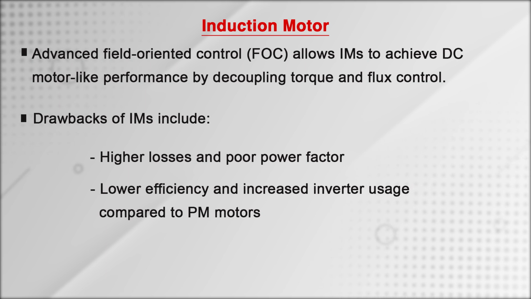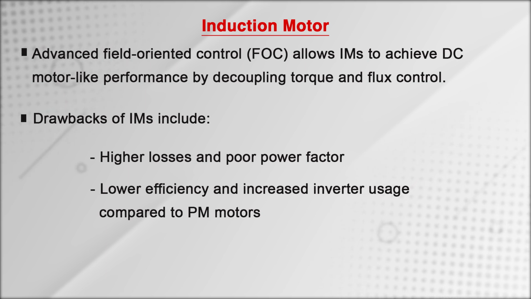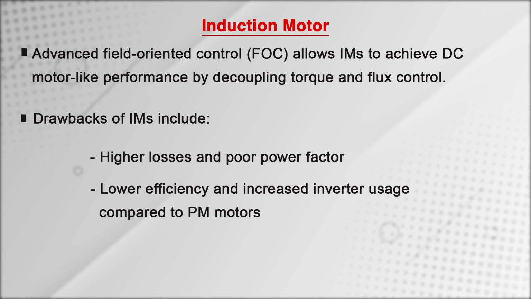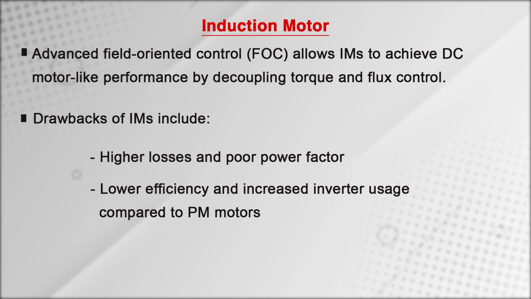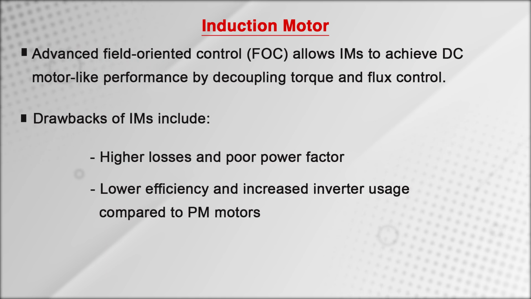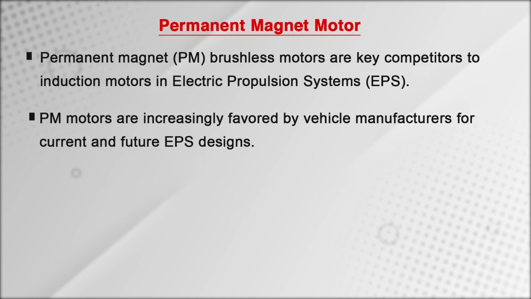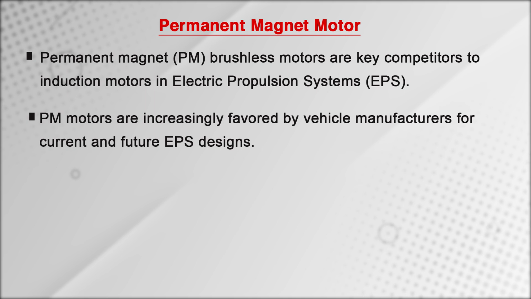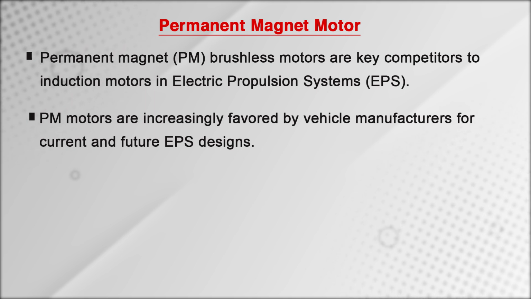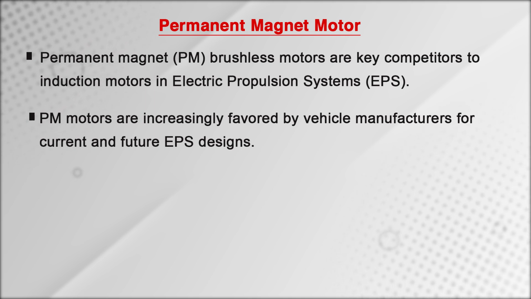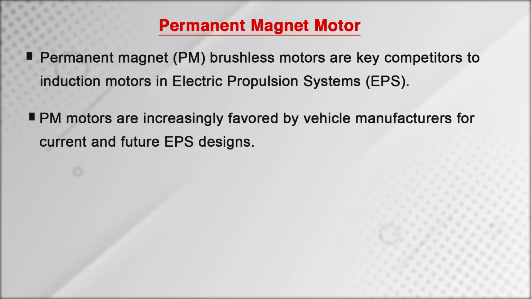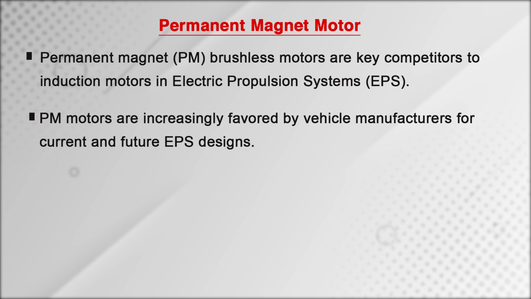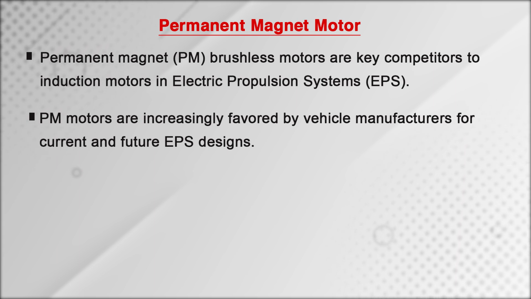However, induction motors also have some drawbacks such as higher losses, poor power factor, lower efficiency and increased inverter usage as compared to permanent magnet motors. Another motor type is the permanent magnet motor or permanent magnet synchronous motor. Among commutatorless motors, the PMSM stands out as a strong competitor to the induction motor in electric propulsion systems.